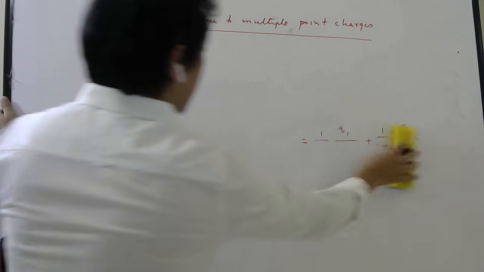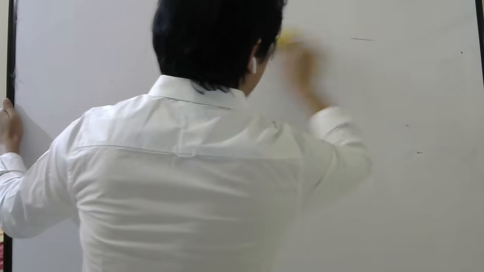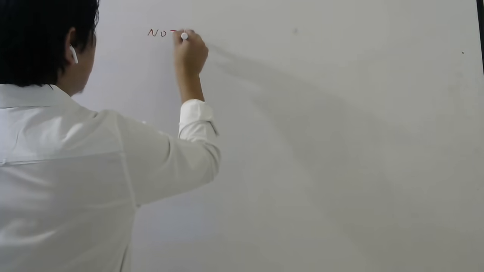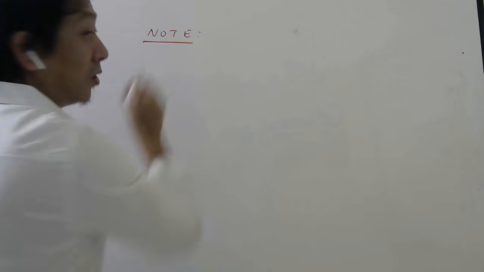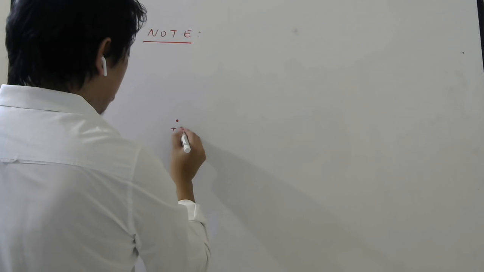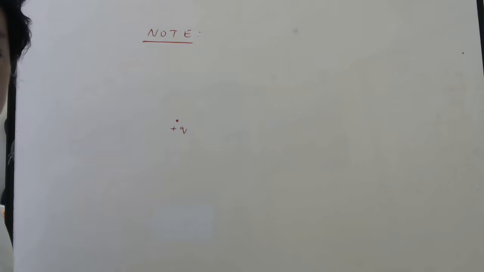Now see something very interesting. I want to tell you something very important regarding electric field and potential. Okay. So this is again under note. It is not some specific topic, but it's very important note. Look carefully. Suppose I take a positive source charge. Let me write small q.